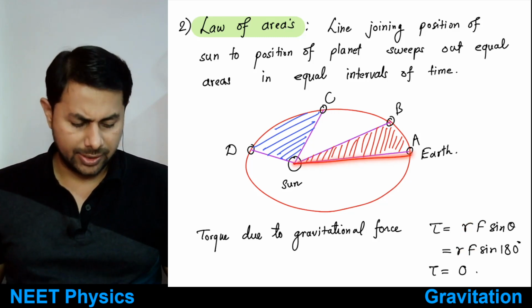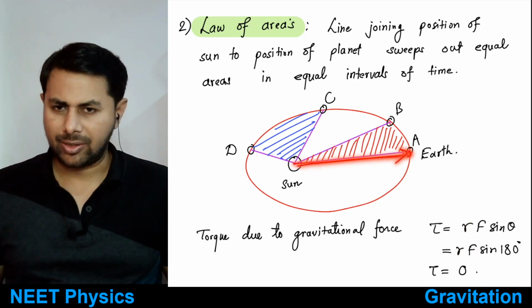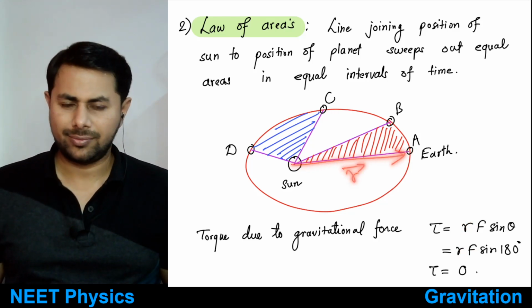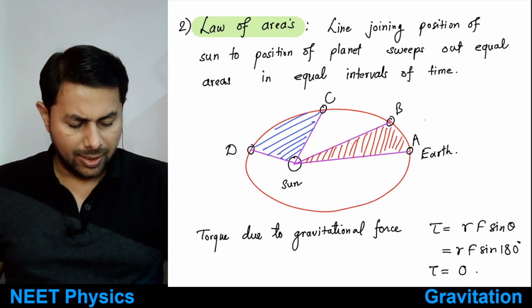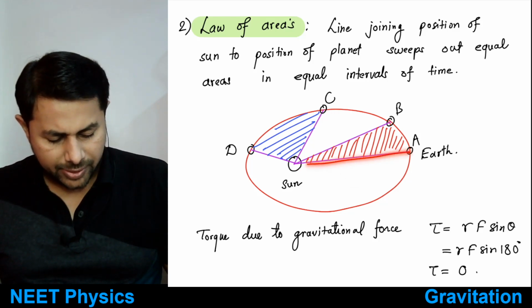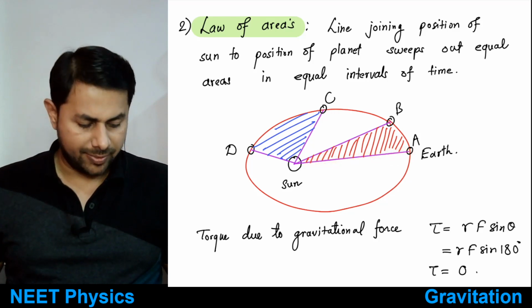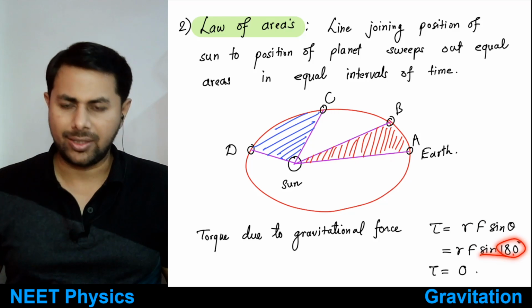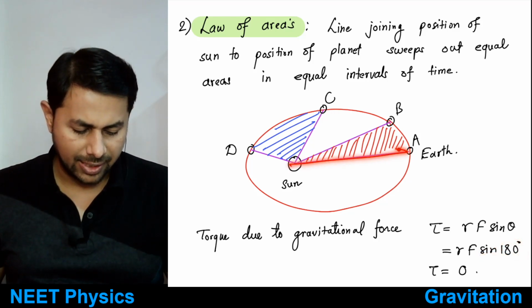Suppose this is the planet, this is the position vector of the planet from the position of the sun, this is r bar. Then what is the direction of force? It is opposite to the position vector. So you have r times f multiplied by sine of 180 degrees.